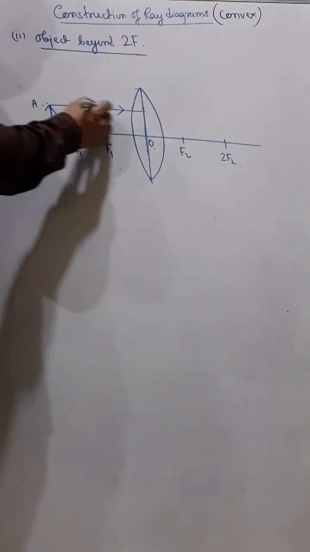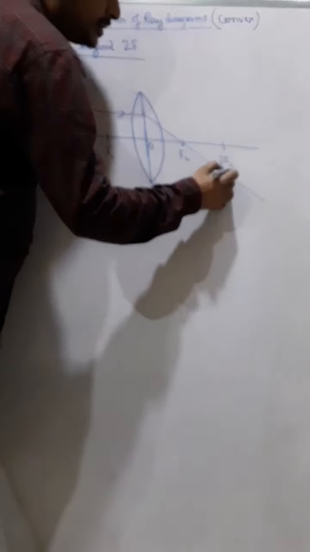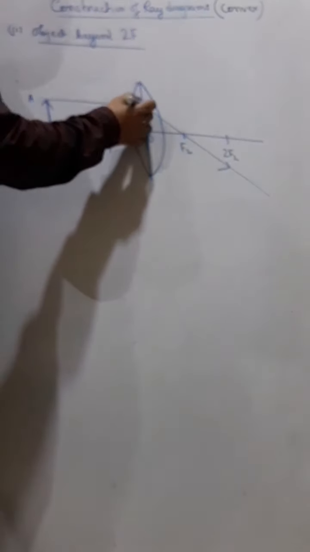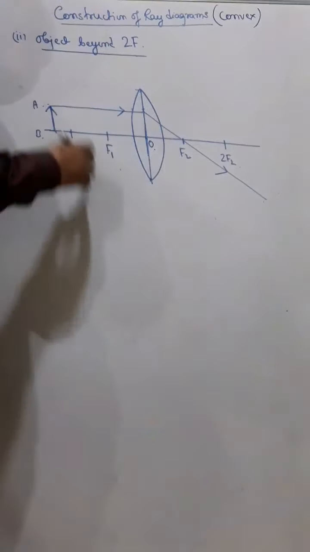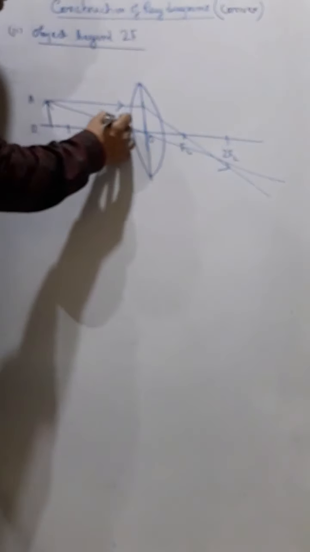So first a parallel ray of light, and then it will pass through the focus. Okay, you know that. So this is the first rule: parallel to the principal axis, passing through focus. And the second rule is passing through the optical center undeviated. Okay, like this, straight.